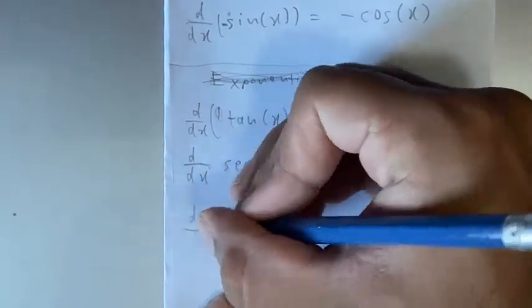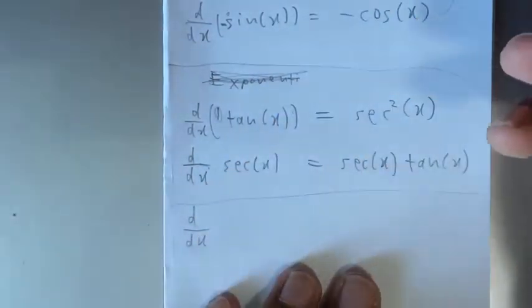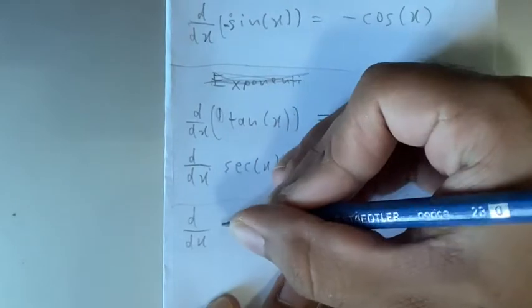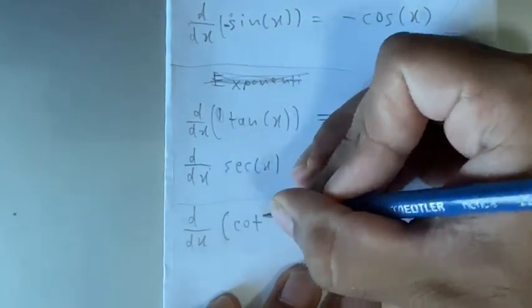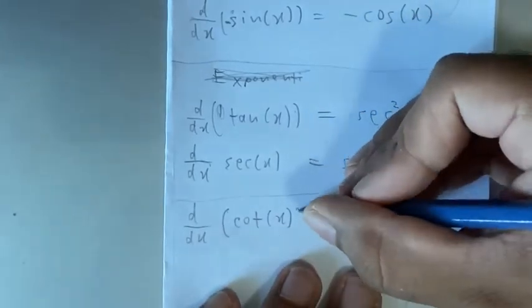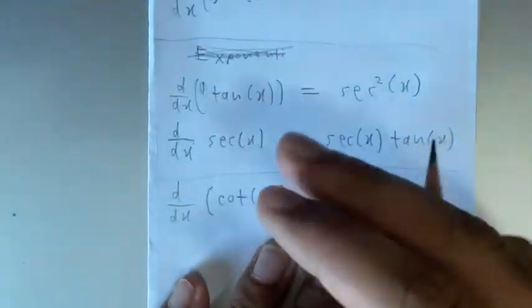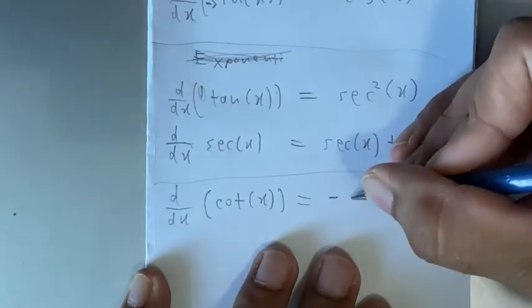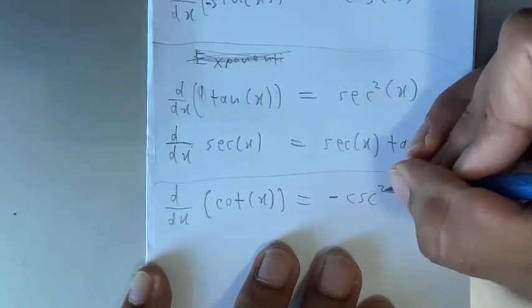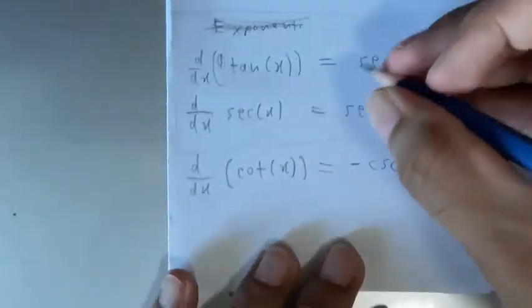And then similar is for cotangent and cosecant. If you differentiate cot, then here instead they try to trick you, because now it's minus cosecant squared x.